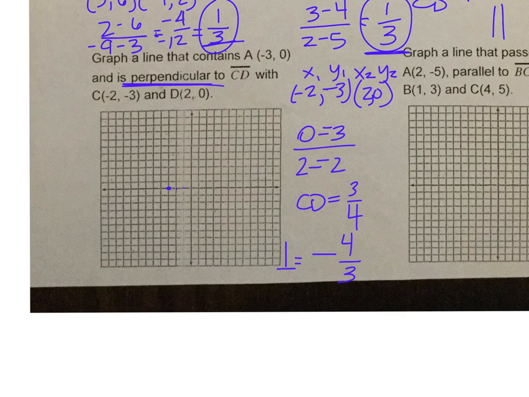So from the dot I put on the graph, I like to rise 4, 1, 2, 3, 4, and go negative 3, 1, 2, 3. You can also go down 4 and positive 3, and you get the same line. So this new line is perpendicular to line CD.